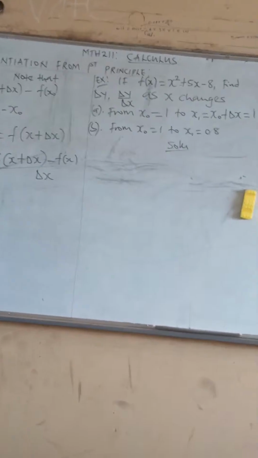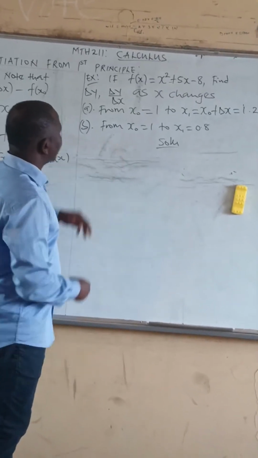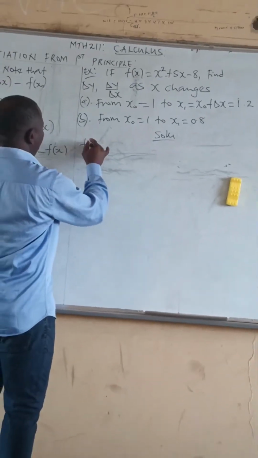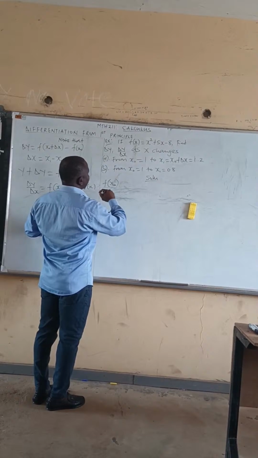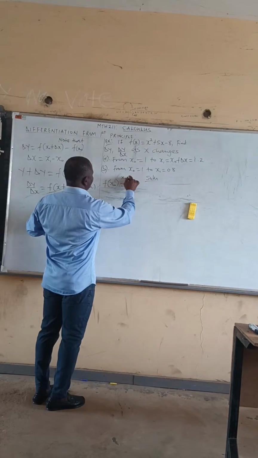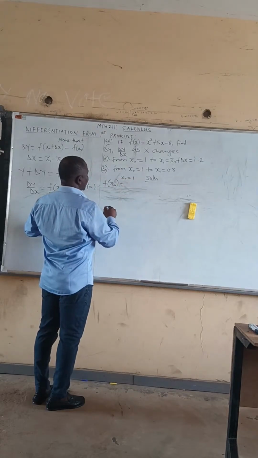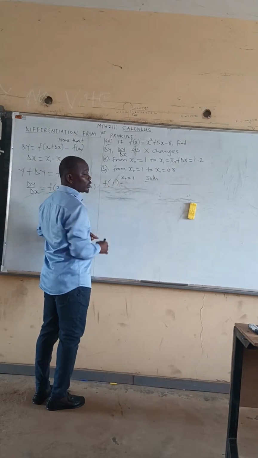Okay. Let us first consider here. We know that our f of x, this is our x naught. Our x naught is equal to 1. True or false? So it means anywhere we see x, we put 1.